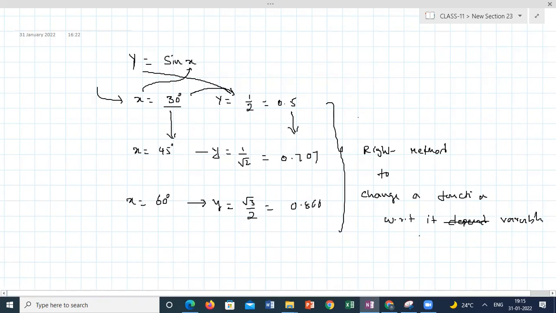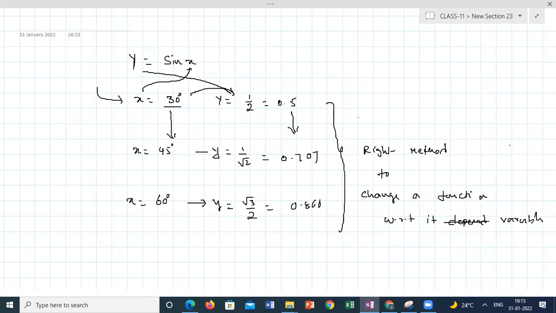Is it really useful? This method is useful to understand the changes and behavior of the function, how it is changing, at what value, how it is changing. But this is a substitution method, like a trial and error method. This is not actually a right method to understand. We have to give a proper method for any kind of function, for how the y is changing.